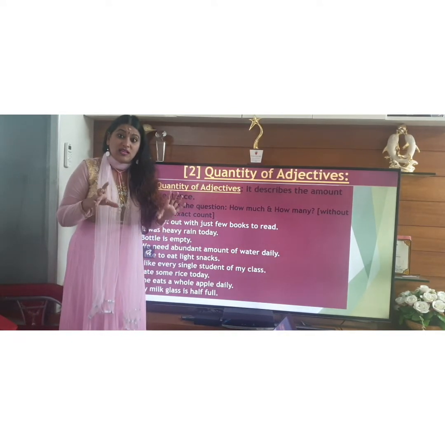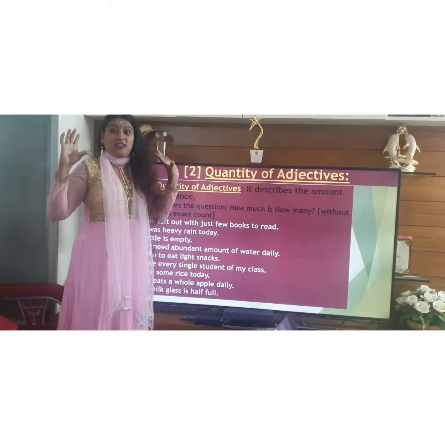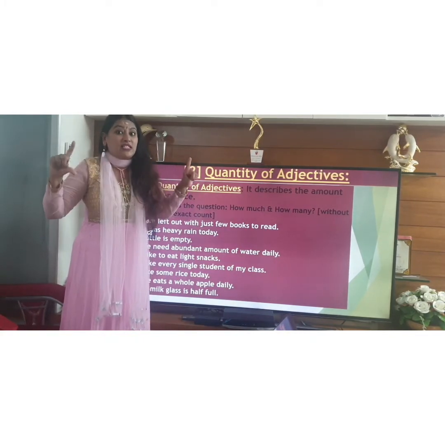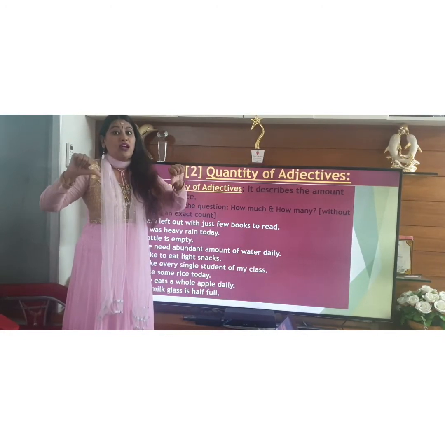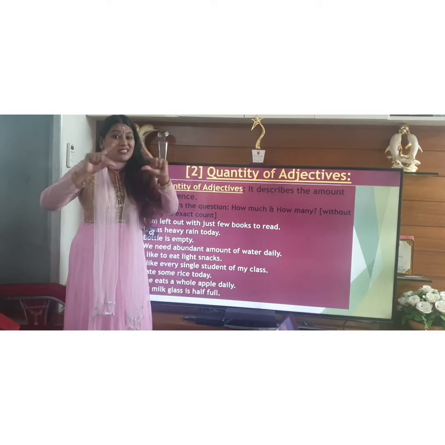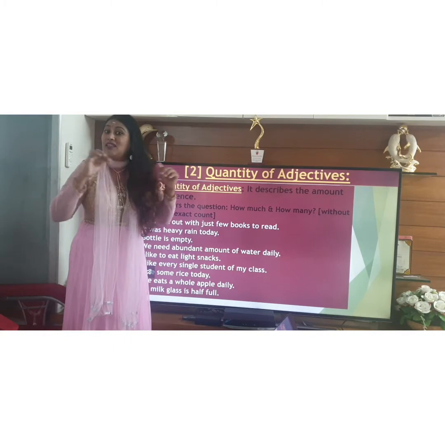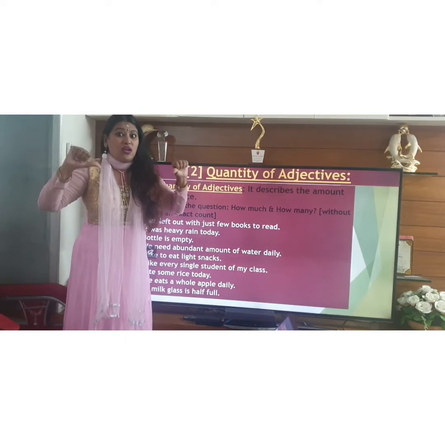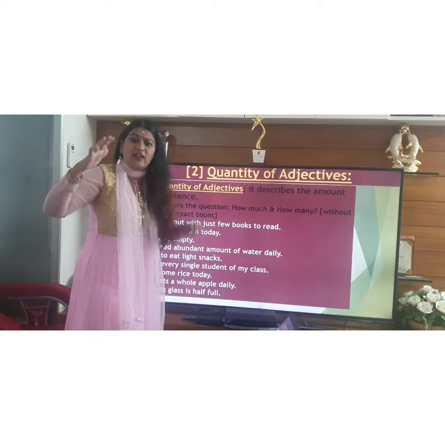So what is a quantity adjective? It just gives you an estimate but does not give you a proper count. It gives you an approximation, but it doesn't give you an exact count. An exact count should be in numbers: 1, 2, 3, 4, 5, 6, 7.